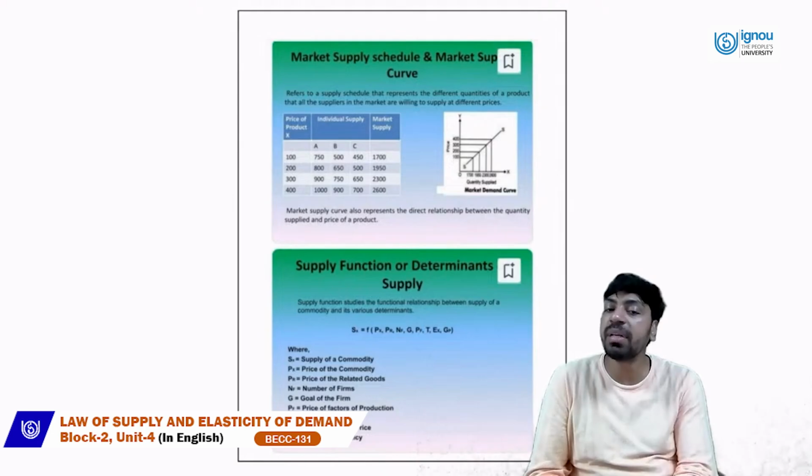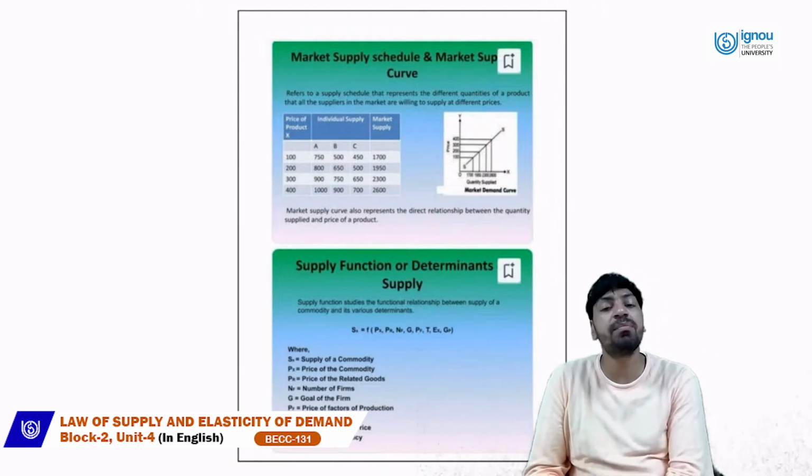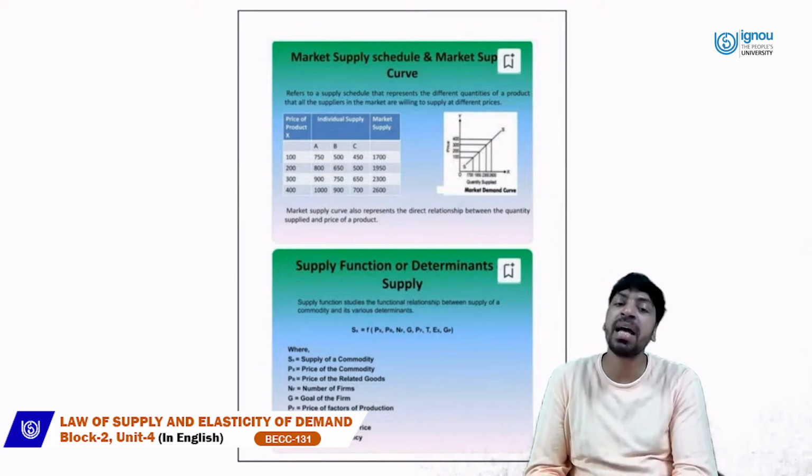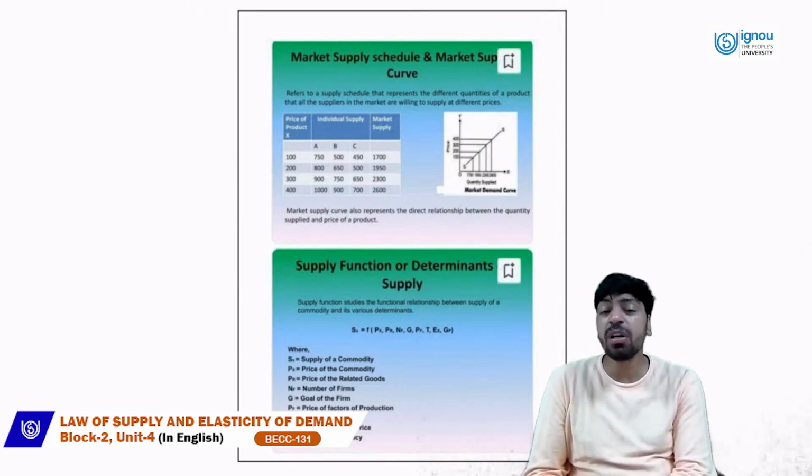These are the determinants, the factors which influence the supply of a commodity, and that's called the supply function.